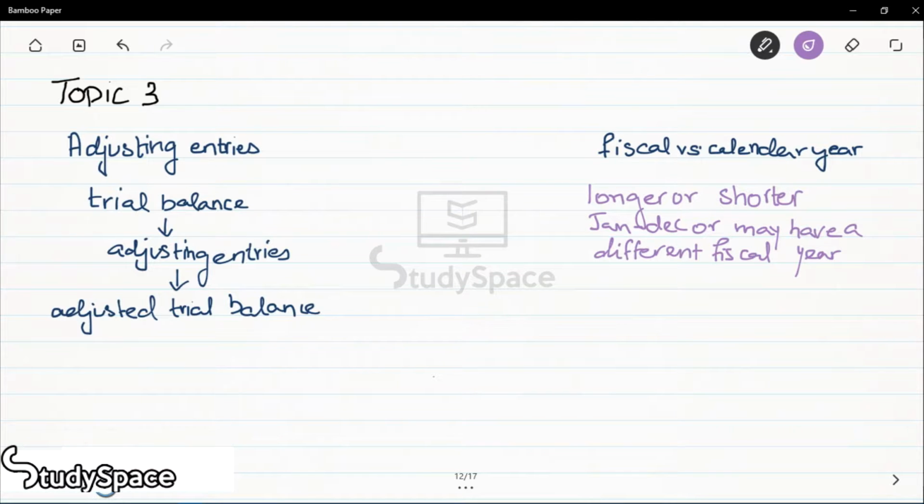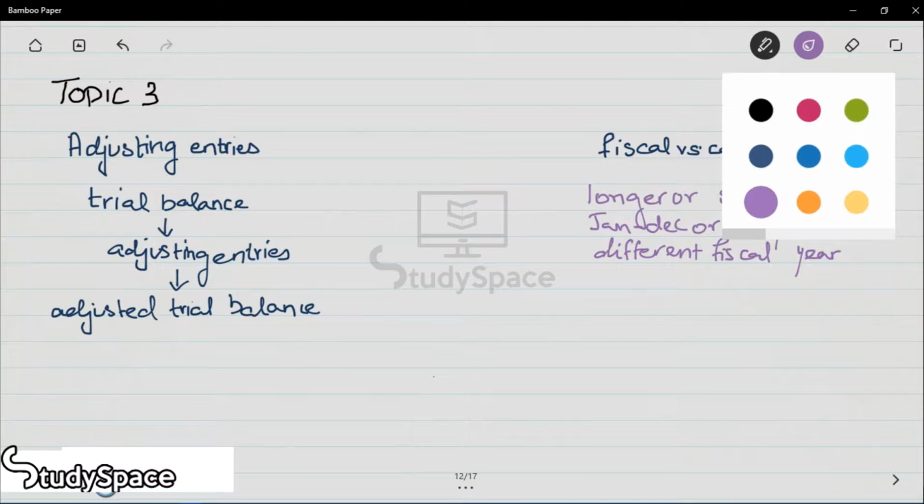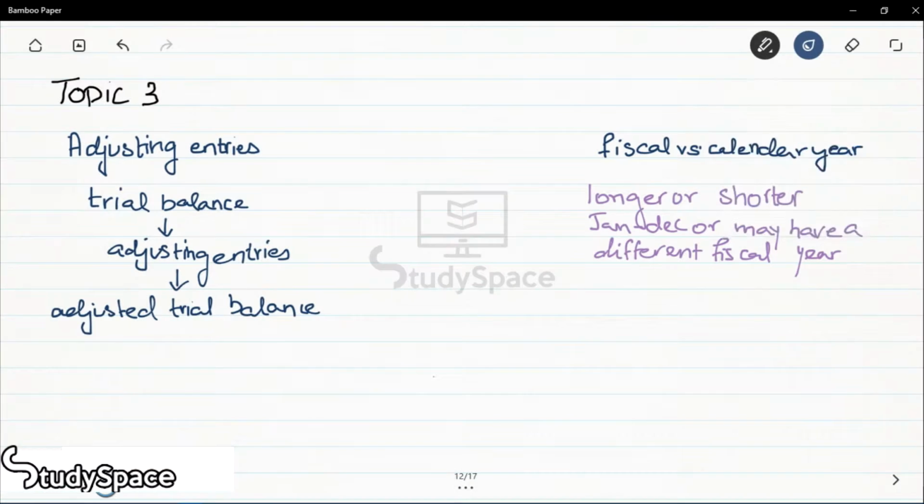Now the second rule that we look at is the accrual versus cash basis rule. Under this rule, we assume that not all accounting records are on the basis of cash, but in fact we also have a system of credit within it. This means that our net income will not exactly be equal to the cash that is brought into the company, but in fact there will be a slight difference, taking into account our receivables and our payables.